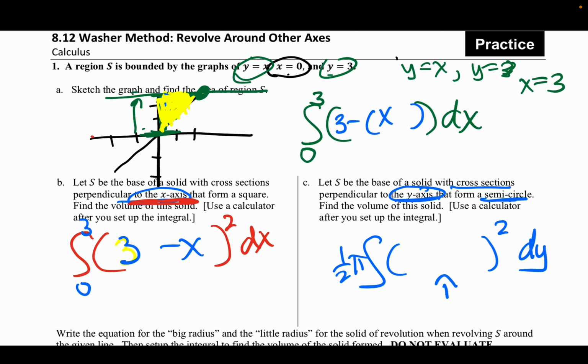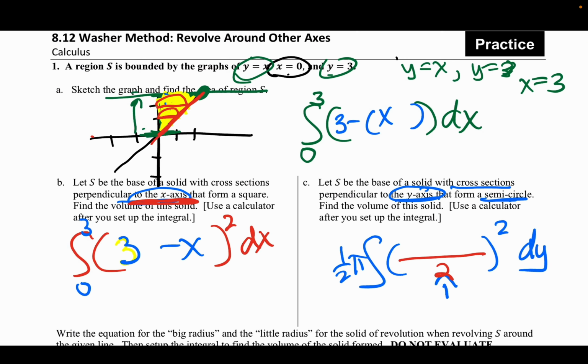All right, now our cross sections are going to be right minus left because we're going to climb up the y-axis from here to here. So it's right minus left. And what's popping up out of here are semicircles. So notice when you go right minus left, you're getting the diameter. And so you need to make sure when you get the diameter that you divide it by 2 so that you have the radius.